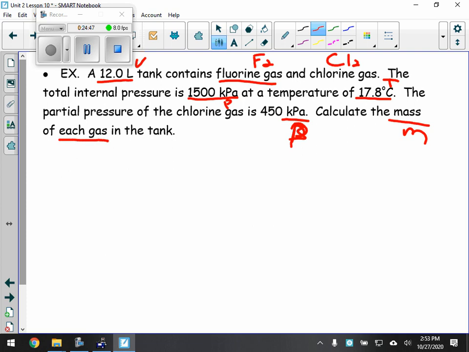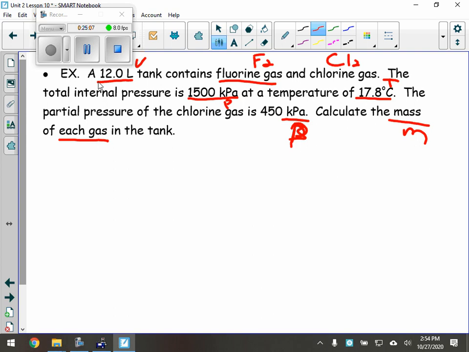So I'd want to start with that there, and again, right away when I look at this question, it says a 12-liter tank has both fluorine and chlorine gas. So it's got both of those things there. Right away, I think, two gases in the same container, Dalton's law of partial pressures.